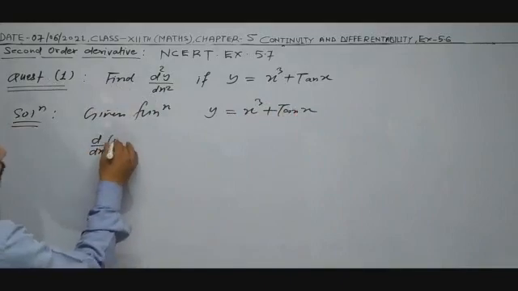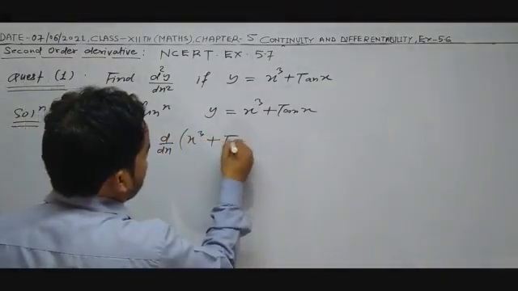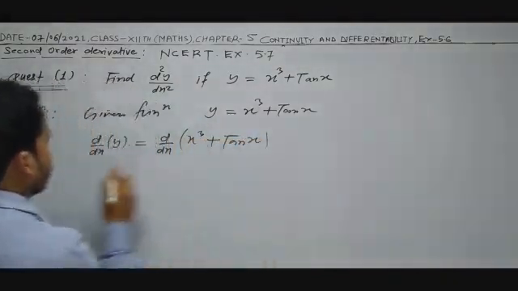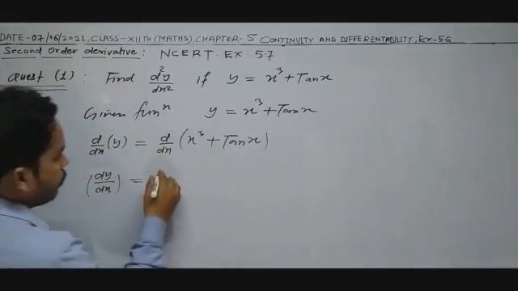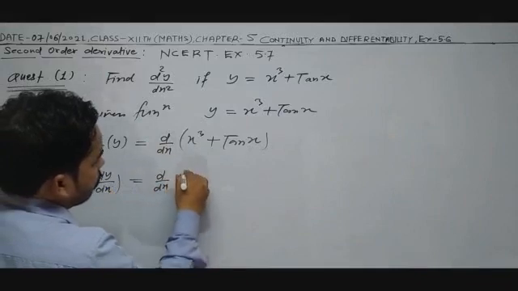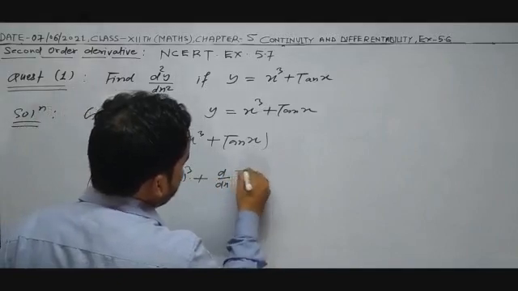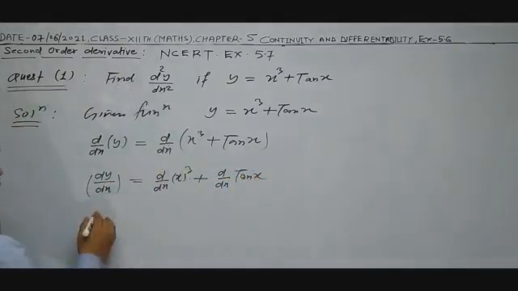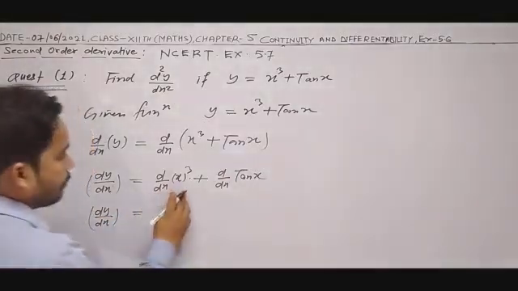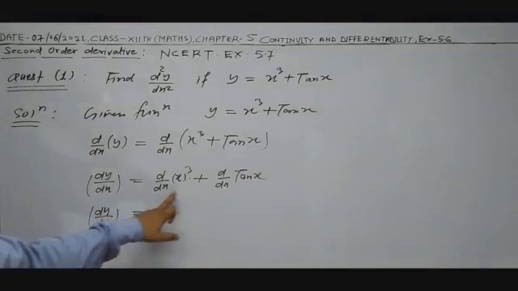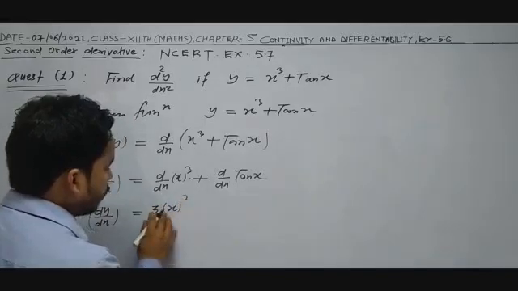So d by dx of y will be d by dx of x cube plus 10x, which is d by dx of x cube plus d by dx of 10x. So dy by dx is equal to d by dx of x cube. You know the formula, d by dx of x to the power n is n times x to the power n minus 1.